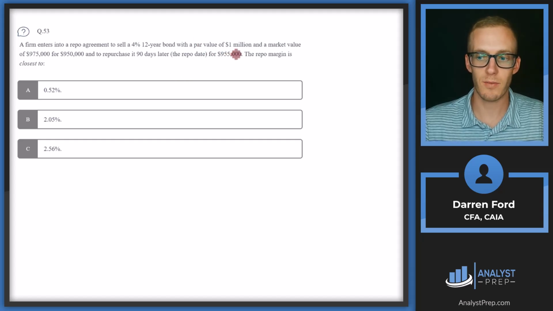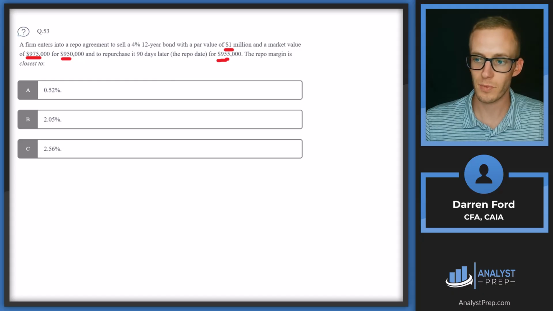The difficult thing here is figuring out which value to use. We've got the par value, we've got market value, and we've got the selling value, the amount we're repurchasing. There's a lot of different items here that we could plug into our formula.